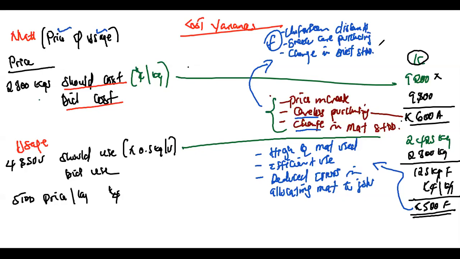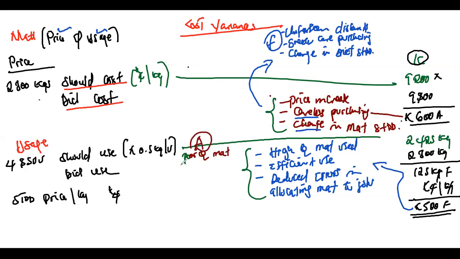But it is not always that the material usage variance is favorable. Sometimes the material usage variance may be adverse. So what can make the material usage to be adverse? Sometimes it could be the opposite, poor quality material. Sometimes this person bought poor quality material, so it can be adverse.